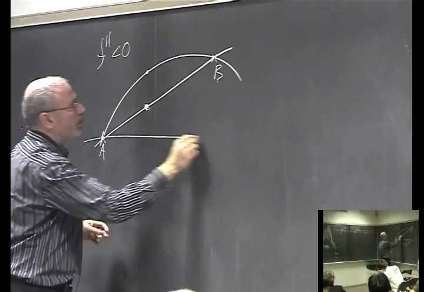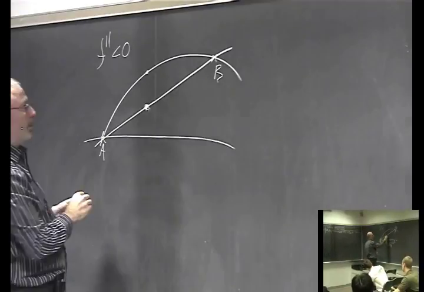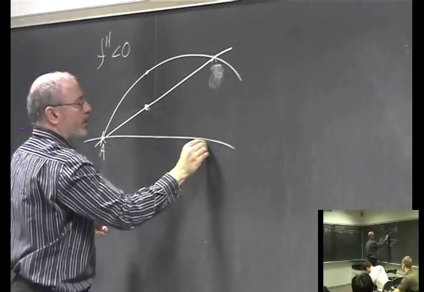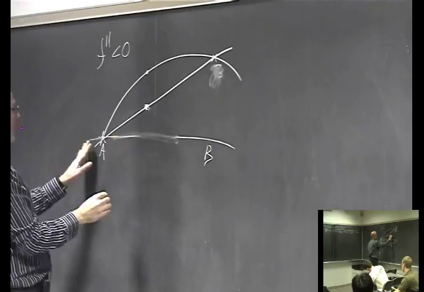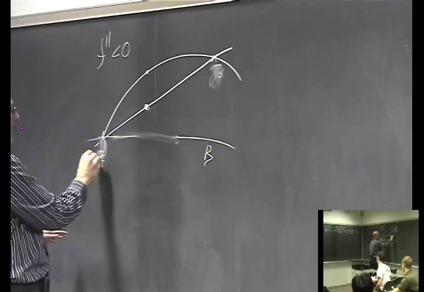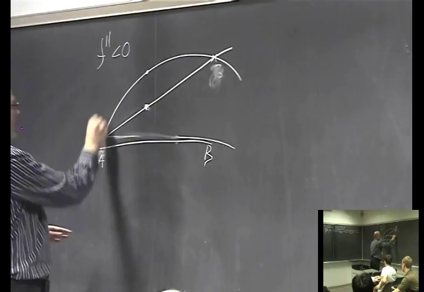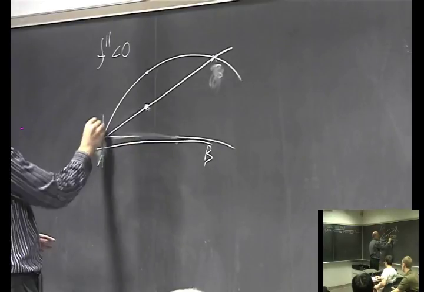The important point is that the y value here can be written as WA times f of A plus WB times f of B divided by WA plus WB.